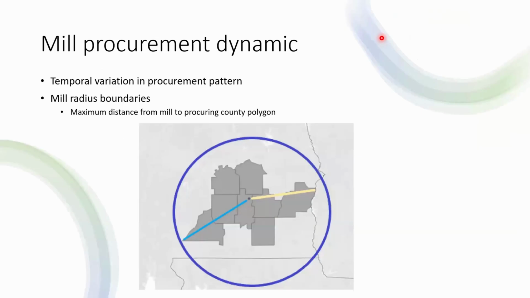And then we also looked at mill procurement dynamics. The historical procurement data has been implicitly addressed, but is less effective with high temporal variation in procurement patterns. So we examined the dynamics of annual mill county procurement using the mill radius boundary, which is the maximum distance from mills to a procuring county polygon, or somewhat like a woodshed analysis.